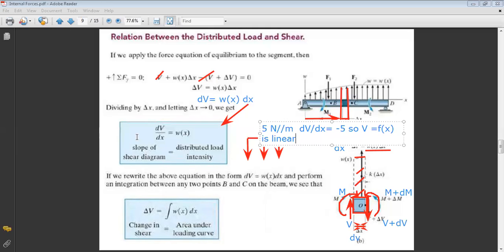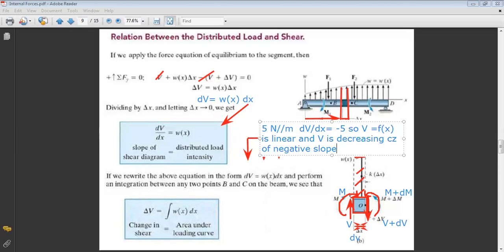The sign of the slope will tell you if it's increasing or decreasing. Since you have a negative slope, it is decreasing. So V is decreasing because of the negative slope, okay?